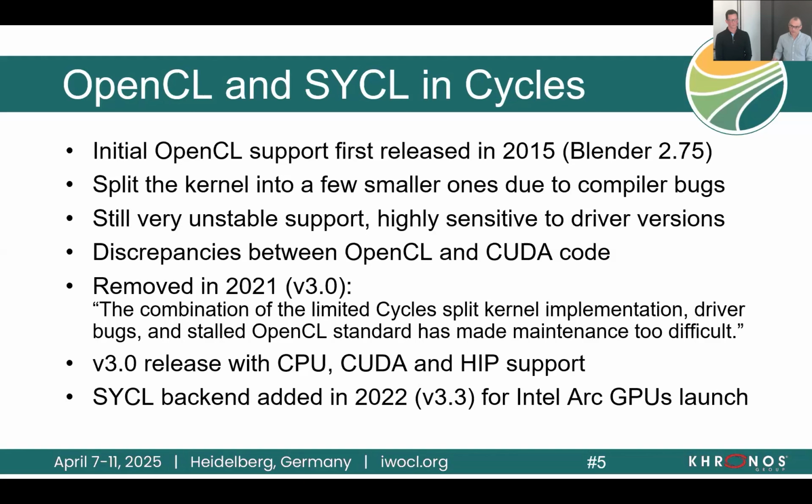So it already had to be split up back then, and it was still unstable and always required some work. You had it working on one platform, and it would not work on the other. New features got introduced, and then the OpenCL backend wouldn't work anymore. They had to be turned off. And it became too separate from the CUDA code. It was getting harder and harder to maintain. So in a refactor in 2021, they actually removed support for OpenCL in Blender.